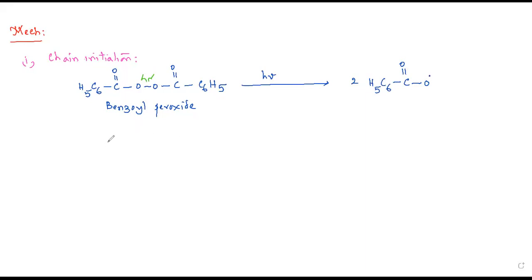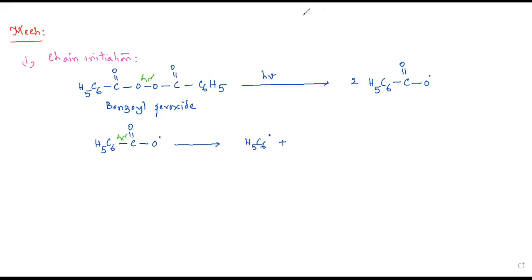Now let us consider the free radical. Again, the same homolytic fission. I told you that this is called fish hook arrow, which refers to homolytic fission. Then C6H5.